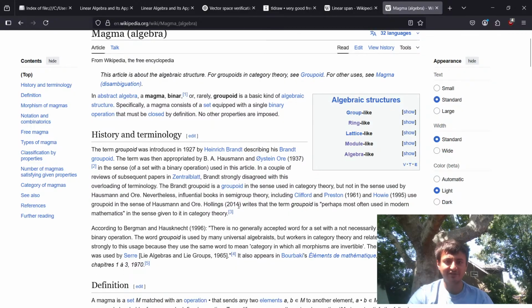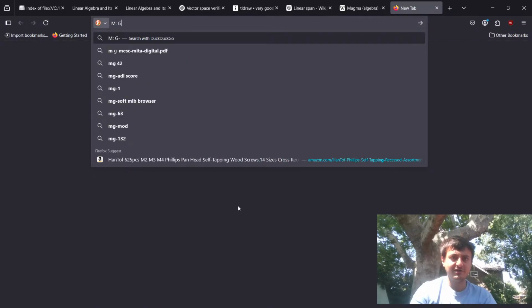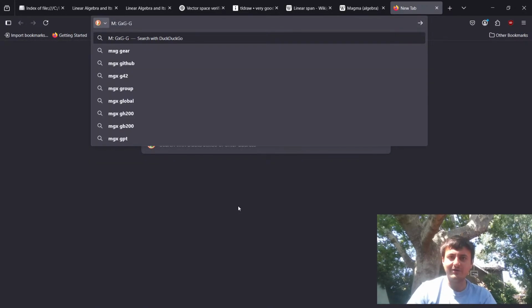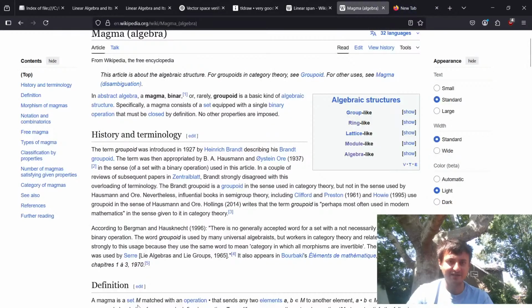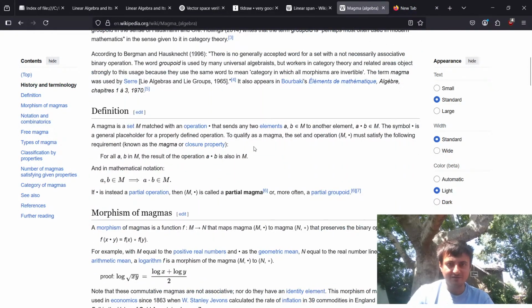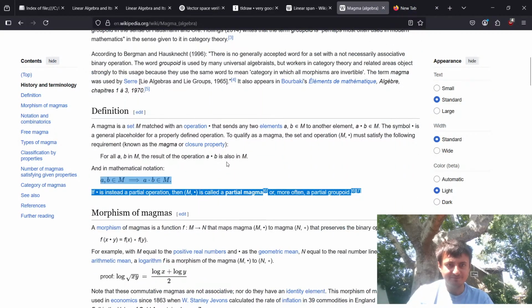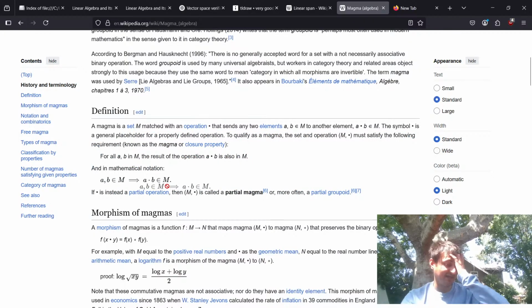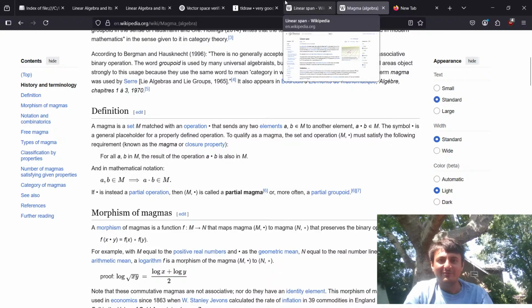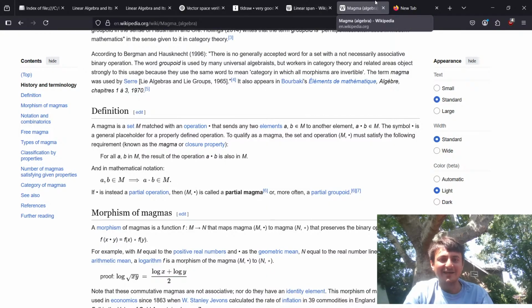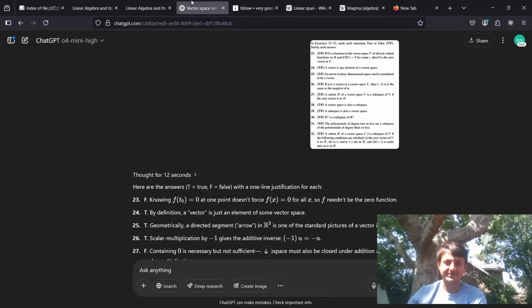I don't know why they don't just have a M type G cross G to G. Like, why don't they have this in there? Yeah, they go for more traditional math looking things, and they don't use type theory, but I like the type theory definition. Anyways, all right, let's do this.